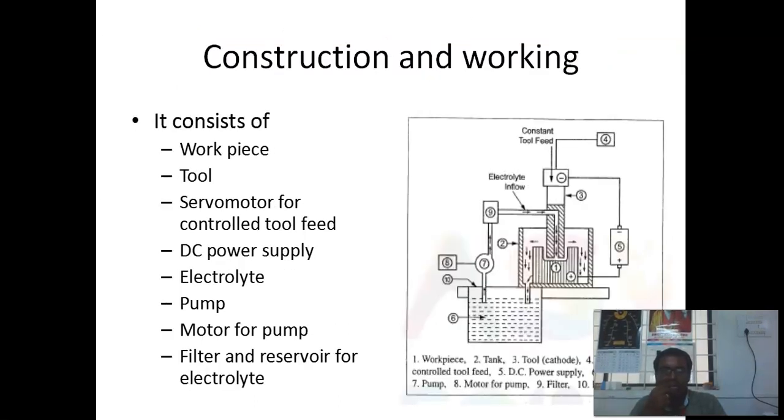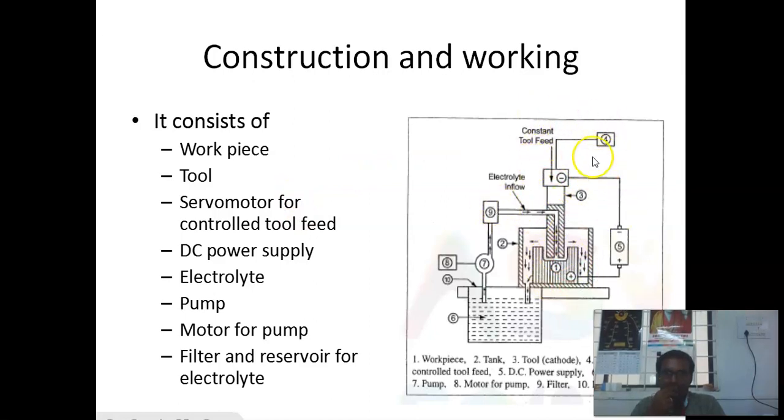Next, we will discuss the construction and working of the electrochemical machining process. It consists of the workpiece material, tool, servo motor for controlling the tool feed, DC power supply unit, the electrolyte, pump, motor for the pump, a filter, and a reservoir for the electrolyte.